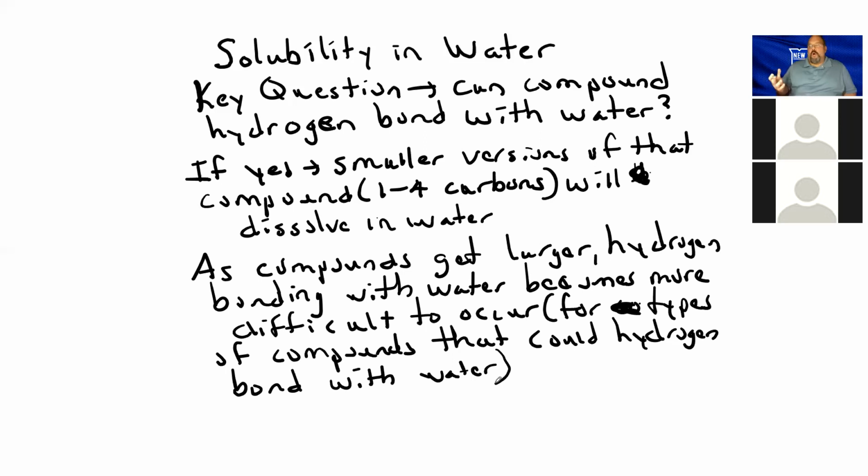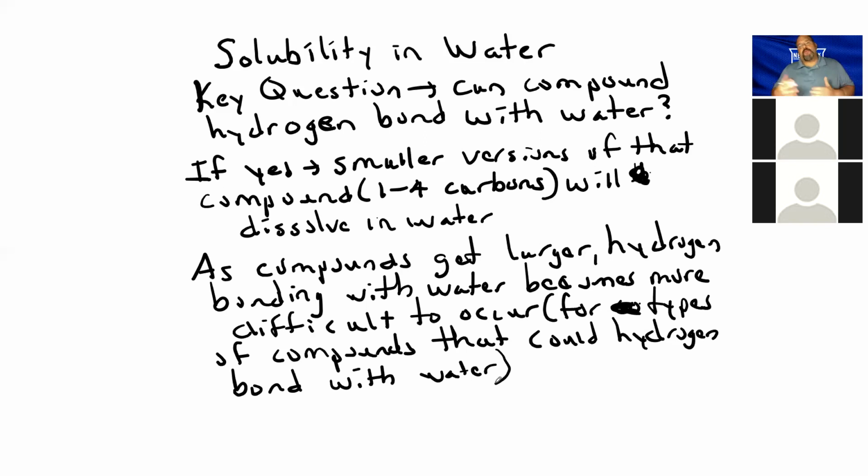Like for an alcohol, the water molecules have to get closest to the OH portion of the alcohol in order to hydrogen bond with it. The larger and larger the carbon chains present, the more crowded the situation gets, and the more difficult it becomes for water to get close enough to where it needs to in order for hydrogen bonding to occur.